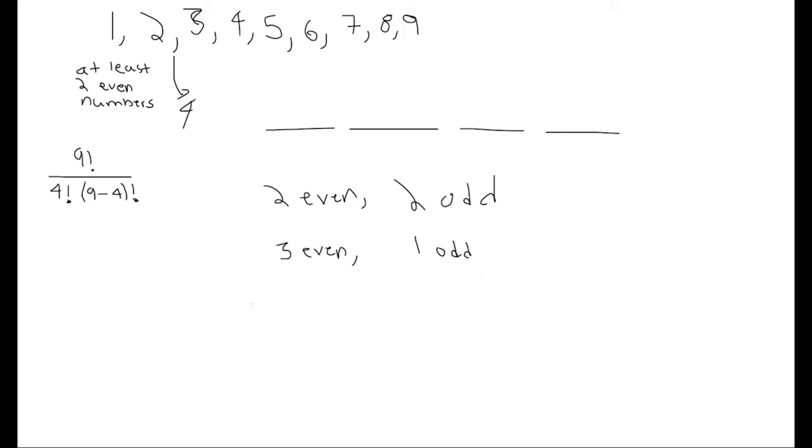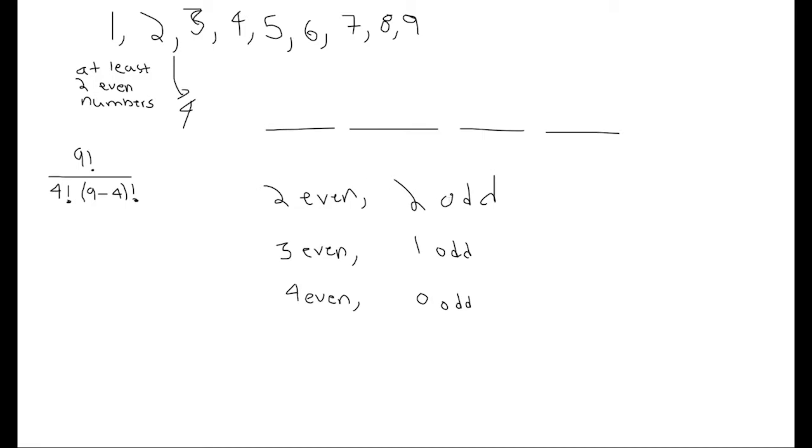And then the last scenario that we could have in terms of even and odd numbers is just 4 even numbers and then 0 odd numbers, right? So these are all of our different scenarios for taking out 4 different numbers, where we have to take out at least 2 even numbers.